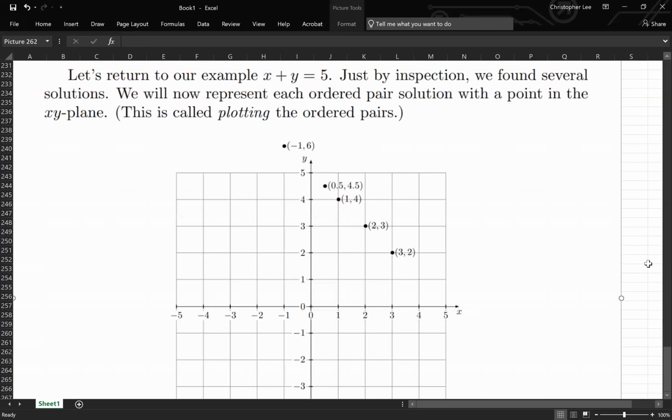All right. So let's return to our example of x plus y equals 5. Just by inspection, we found several solutions. We will now represent each ordered pair solution with a point on the xy plane. So remember when we found our solutions to this equation yesterday? Here they are, plotted on the graph.